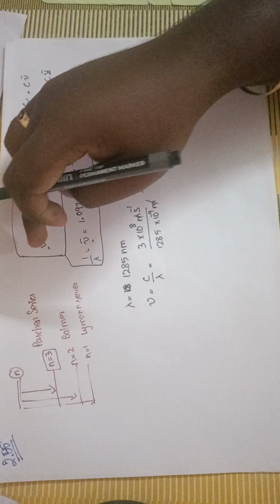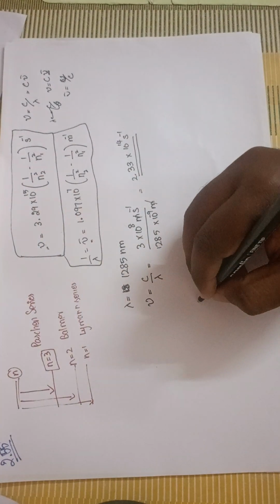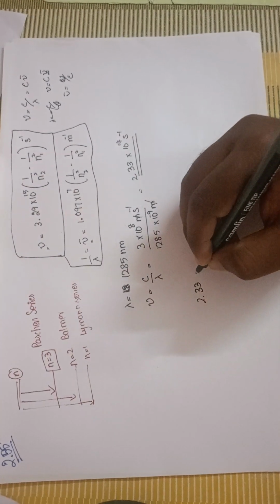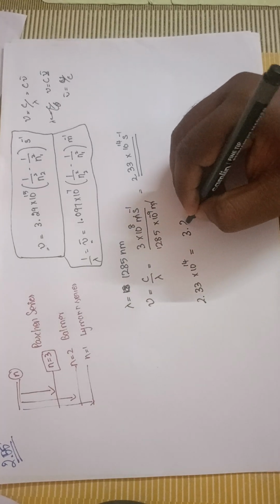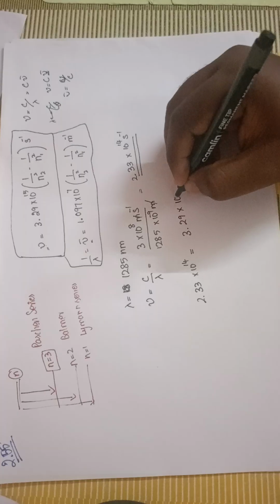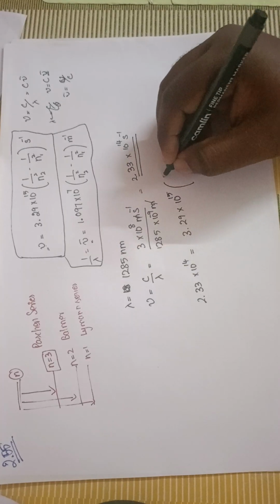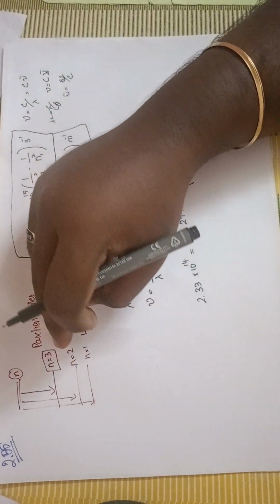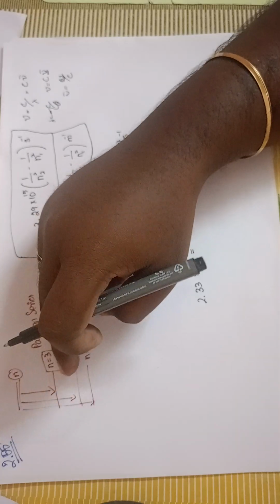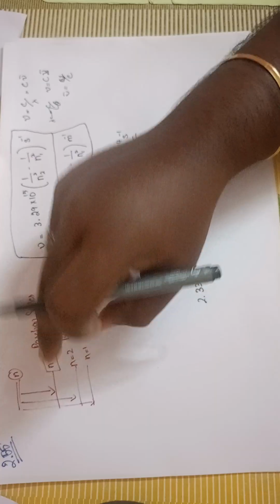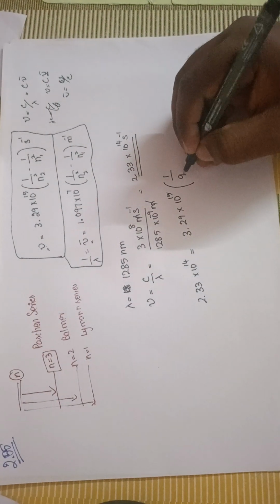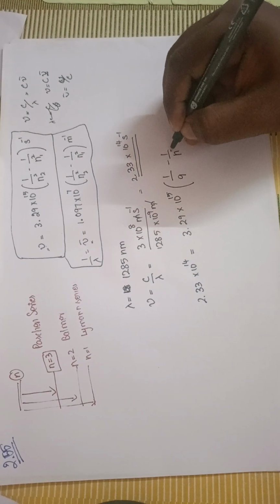Now we substitute the mu value in the formula. 2.33 into 10 power 14 equal to 3.29 into 10 power 15. N2 is the shell to which the electron has jumped. It has come from n to the third shell. So 3 squared is 9, 1 by 9 minus 1 by n square.